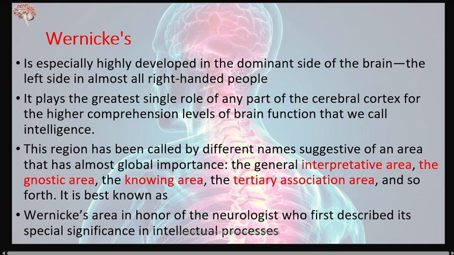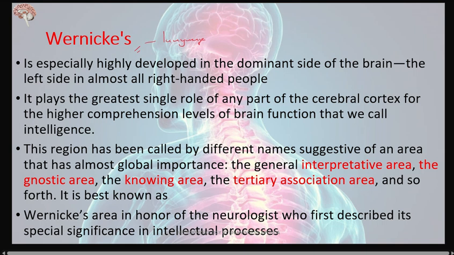Now, a specific area within the cerebral cortex is the Wernicke's area. Remember, we've suggested Wernicke's area is very important for language comprehension. You are only able to comprehend a language if you are able to hear the words, see the words, or feel the words. All these can be integrated within the Wernicke's area.